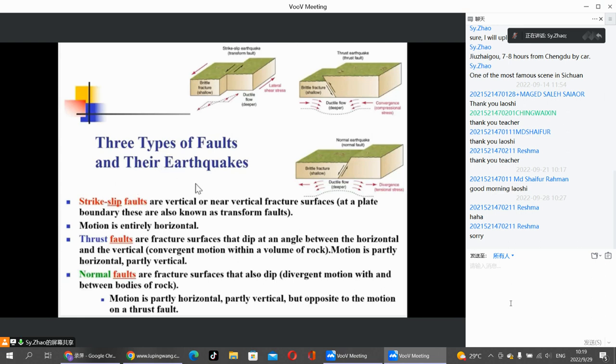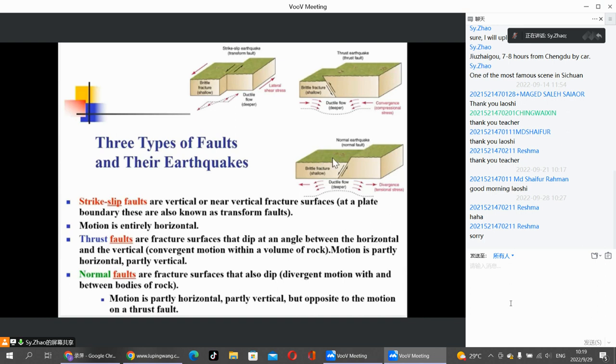Secondly, thrust faults are fracture surfaces that dip at an angle between the horizontal and the vertical. Convergent motion within a volume of rock often generates such a fault, and the motion is partly horizontal and partly vertical.